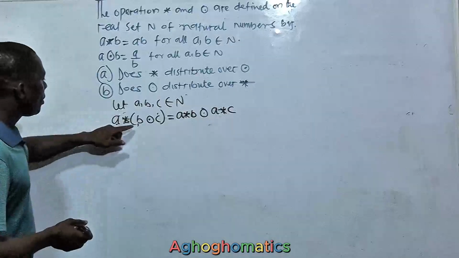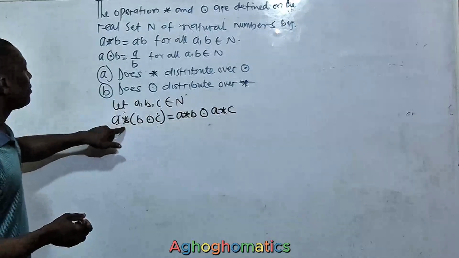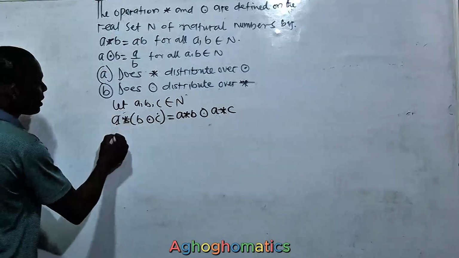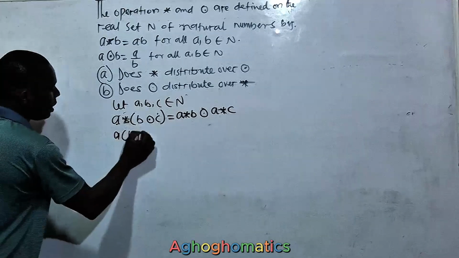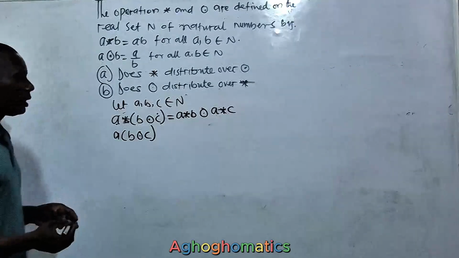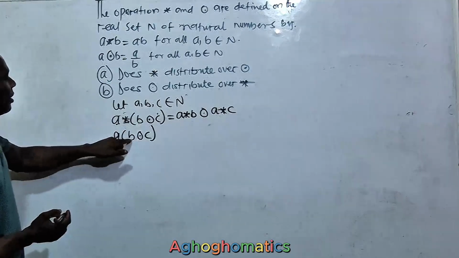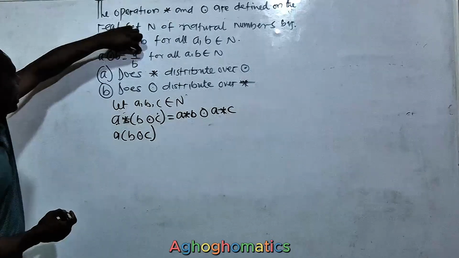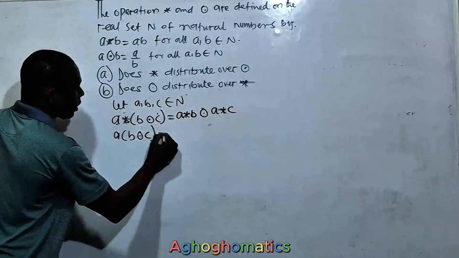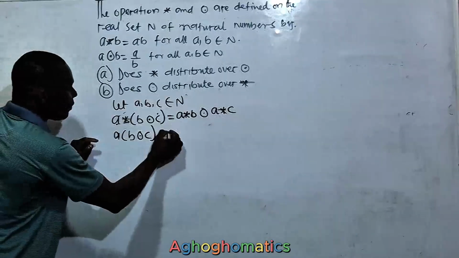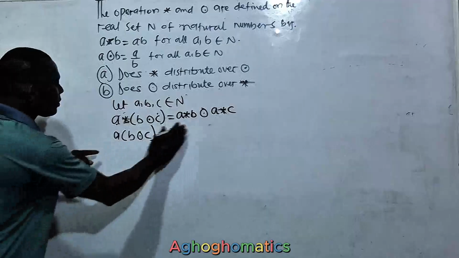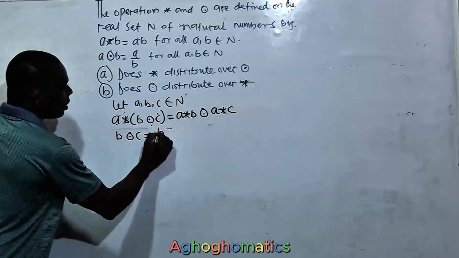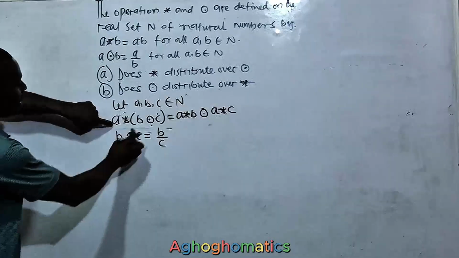First of all, this operator means that once we have a product, we are saying A open bracket B operator C. Then we look at what we have inside, B operator C. It means that what you have inside simply means B over C. But we note this one alone is this.